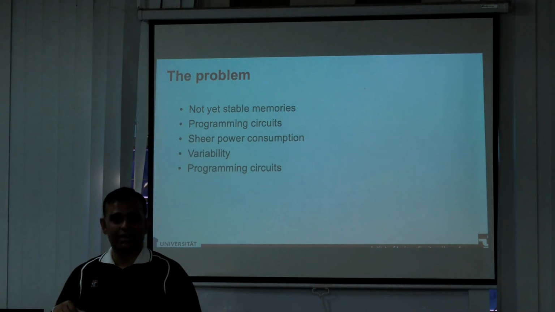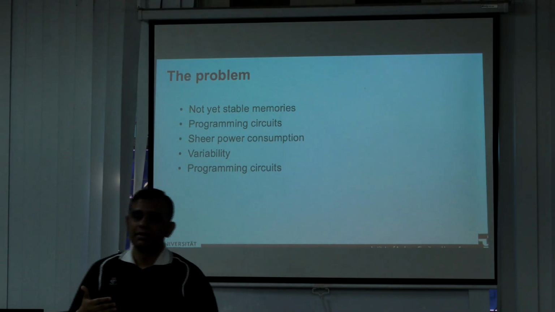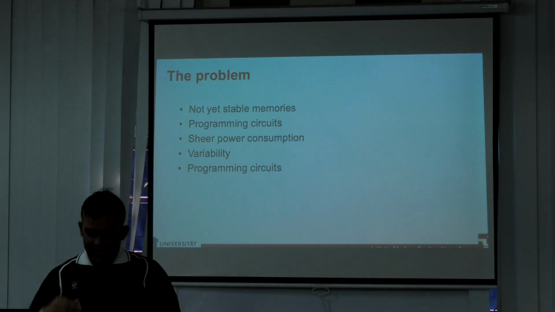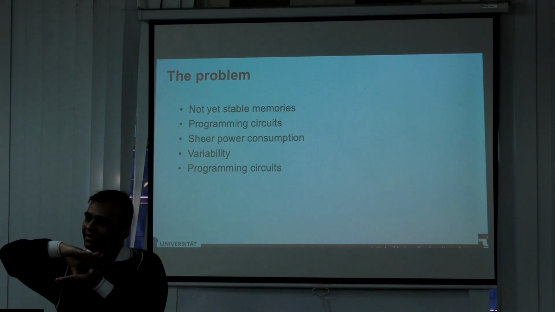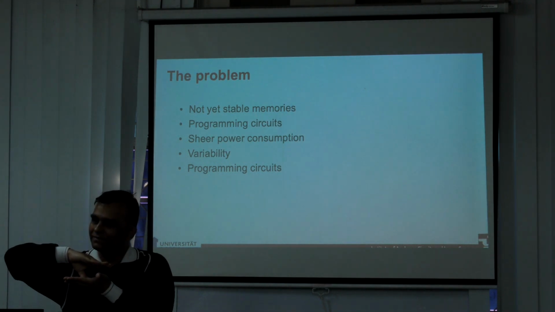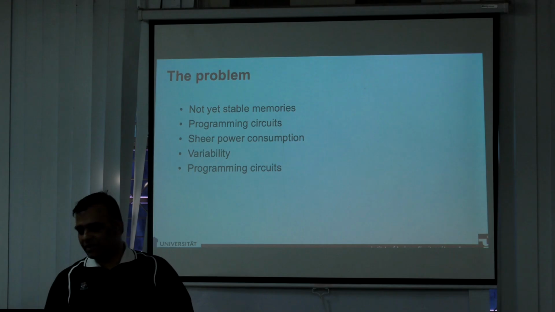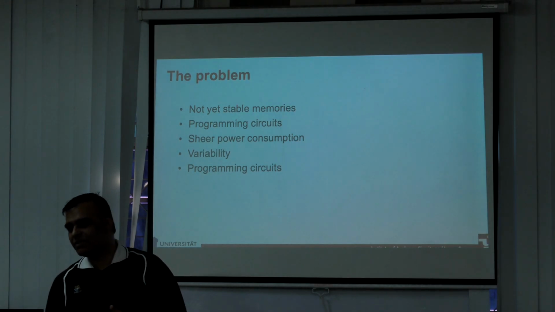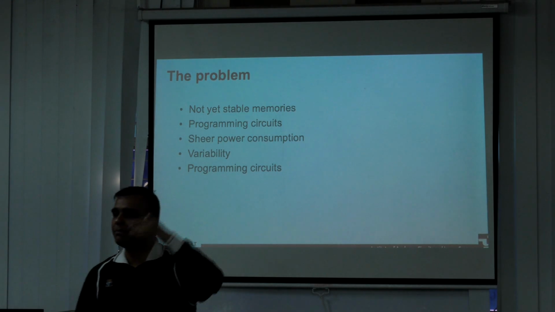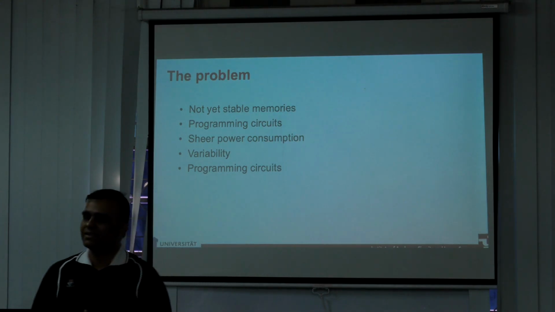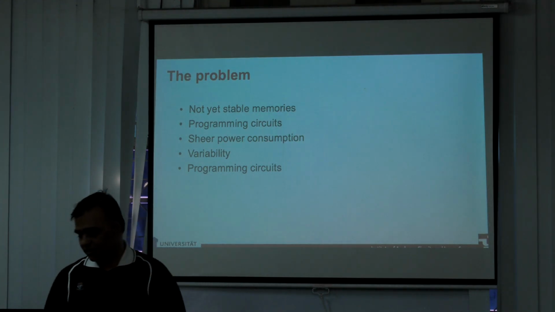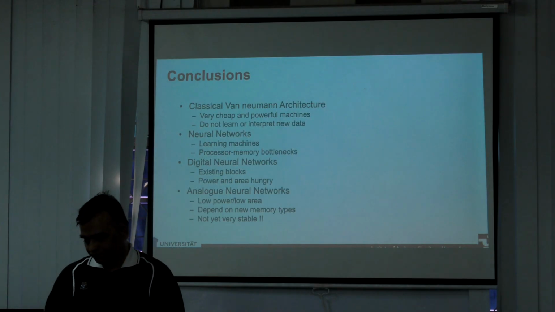So V square by R. The problem I have is that the moment I make the bridge, I get a very small resistance. So the research direction people are taking now is how to increase the dynamic range of these resistors, how to change the resistances so that we get lower power.